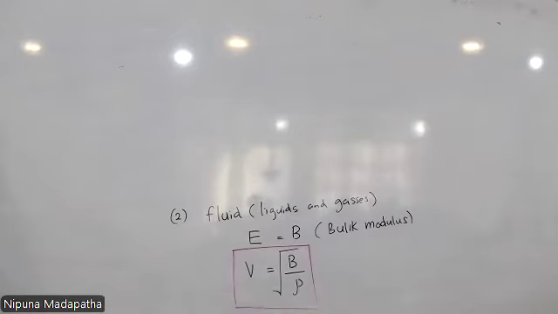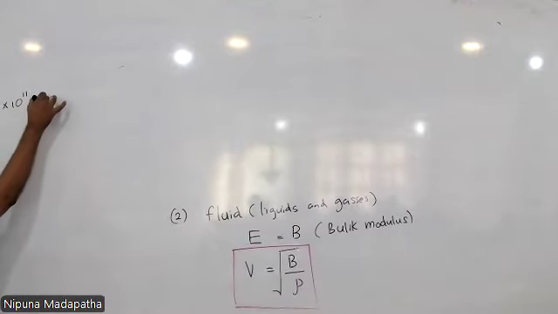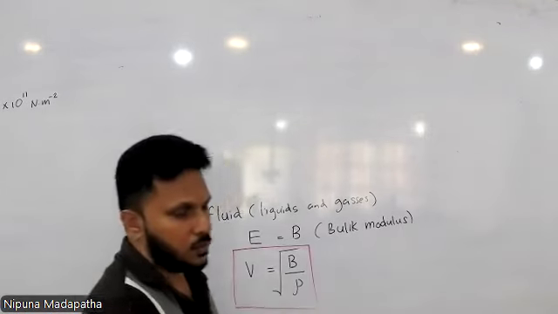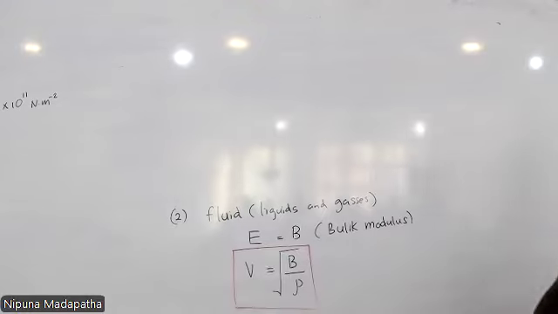And Young's modulus for steel is 2 times 10 to the power 11 newtons per square meter.